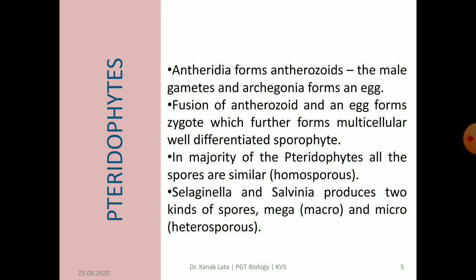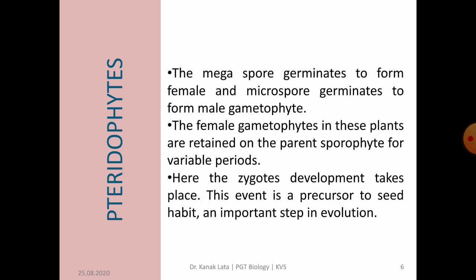In pteridophytes, the sporophyte may be homosporous, meaning it produces only one kind of spore, as in Lycopodium and Pteridium, but it may be heterosporous also. That is, it produces two different types of spores, smaller microspores and larger megaspores, as seen in Selaginella, Salvinia, Marsilea, etc. Now here it is very interesting.